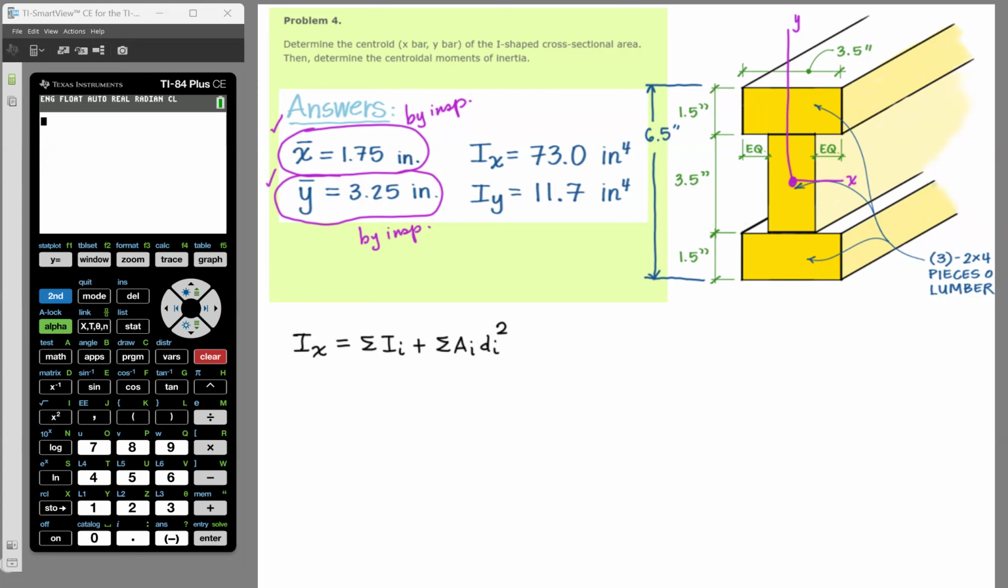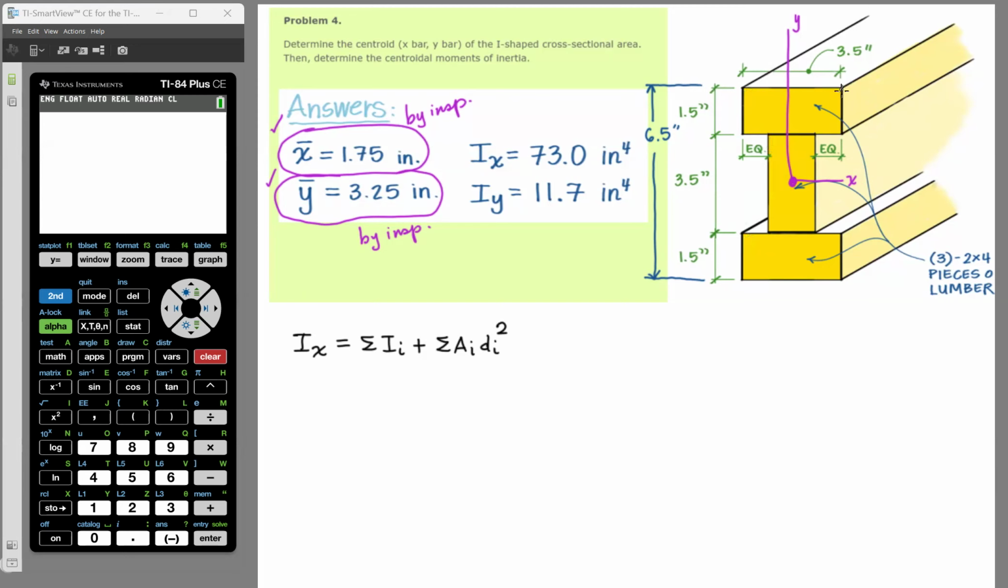And for my x-axis, I see a shortcut. If I used solids, I'd be using shapes 1, 2, and 3.